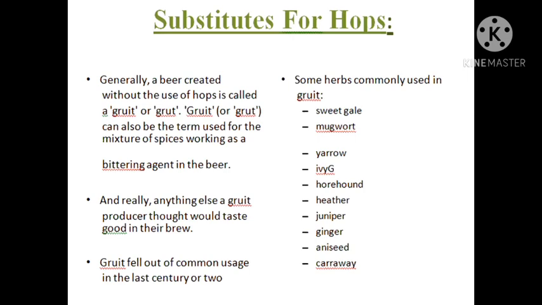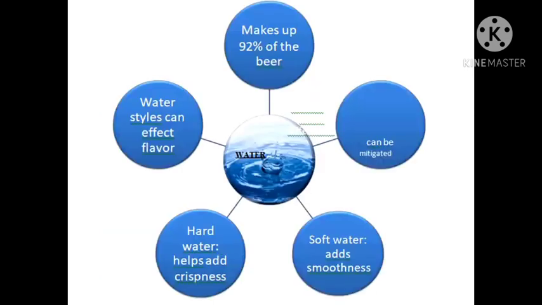Ginger, as you can see, is used in India for so many things: curries, tea, black tea. Anise seed and caraway seed also. These are used to infuse flavor into the beer, right? We cannot put them in whole, so you have to just infuse the flavor into the liquid.